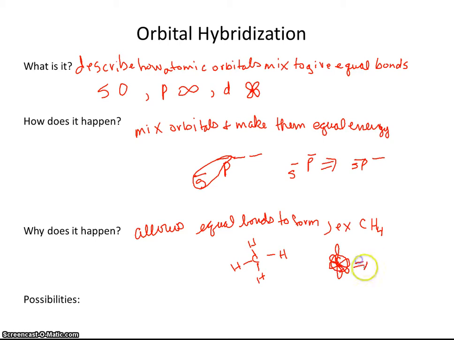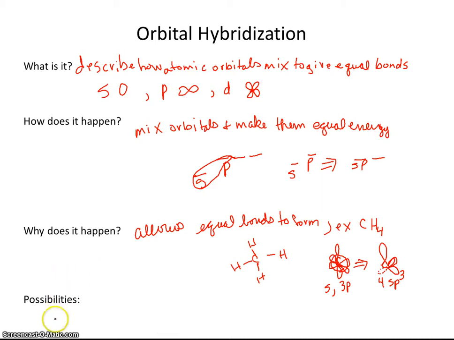It's not possible. But if I take that carbon and make it be 4 sp3s, we can get that, because I will have this, this, this one, and that one. Now they're all equivalent.